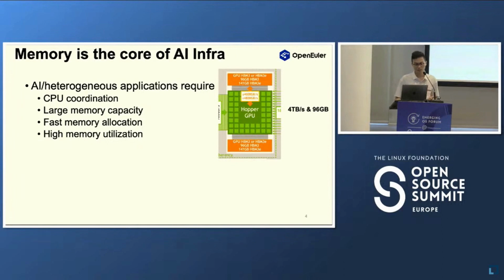At the same time, they require a huge amount of memory to process a large volume of data. They also need fast memory allocation speed and high memory utilization because HBM is so scarce. The Hopper GPU, which is the most advanced accelerator at this moment, only has about 100 gigabytes of HBM.